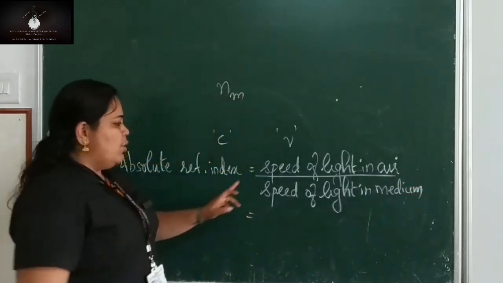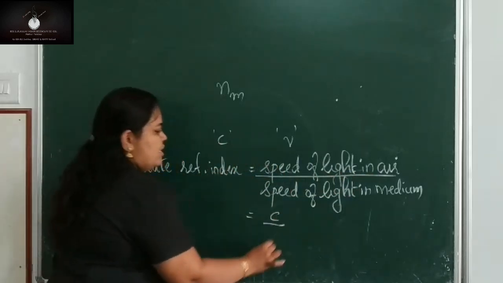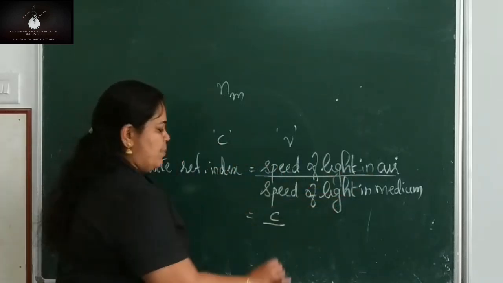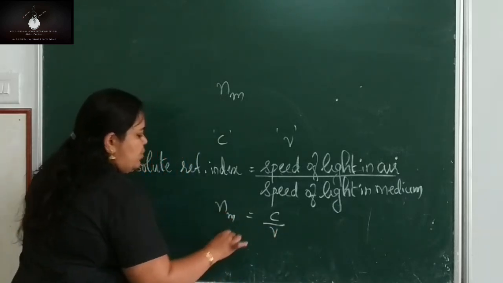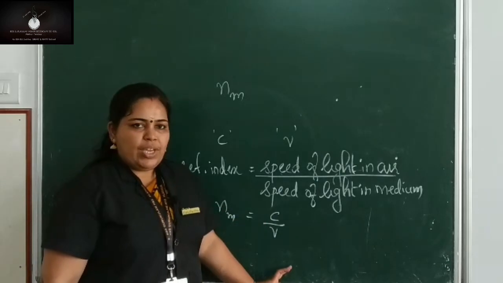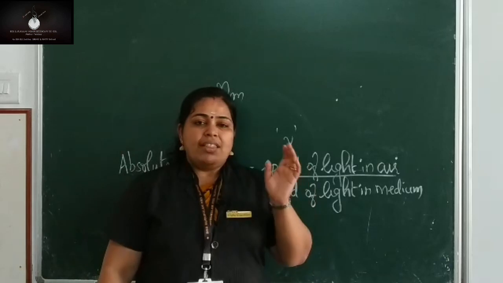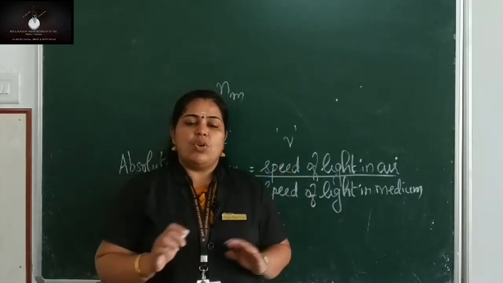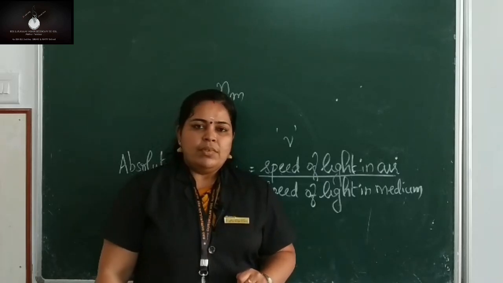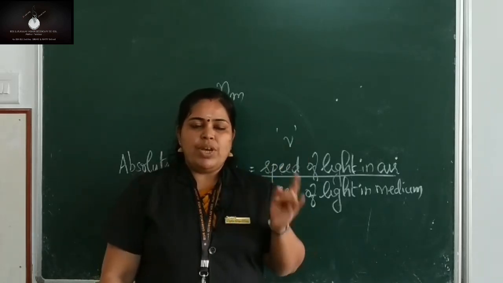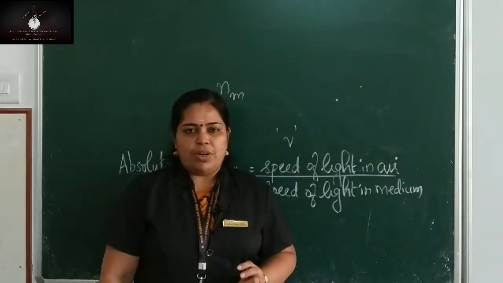So we can write n m is equal to c by v. This is the formula to calculate the absolute refractive index, which is normally known as the refractive index of the medium. So you have to study relative refractive index and absolute refractive index properly.